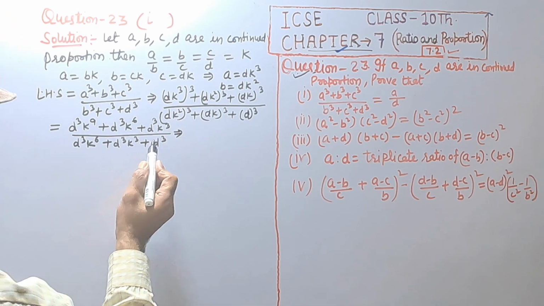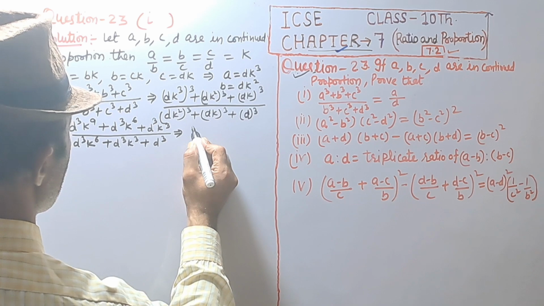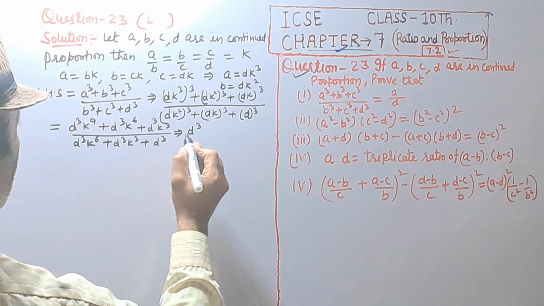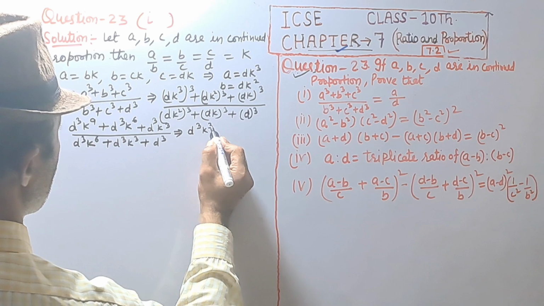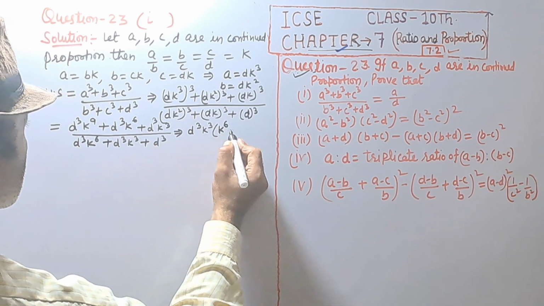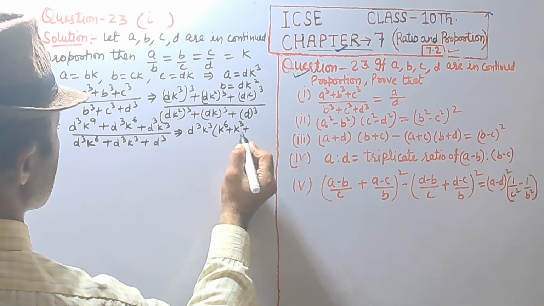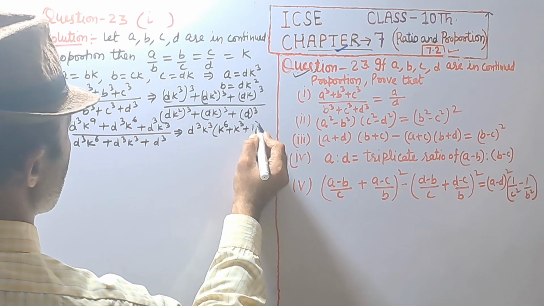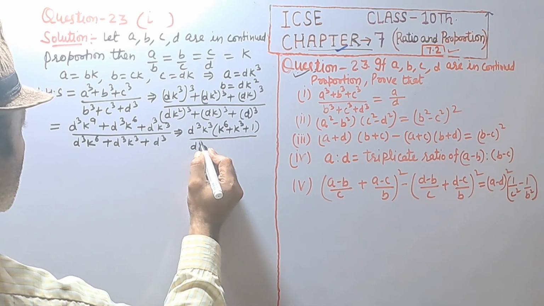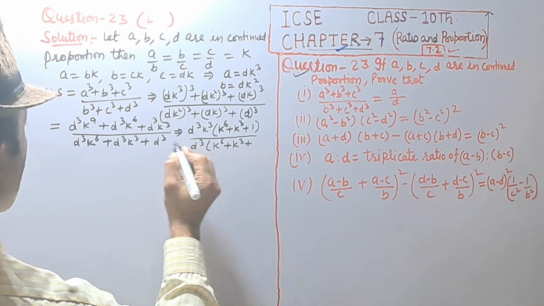Taking common D raised to power 3, K raised to power 3 in the numerator, in bracket K raised to power 6 plus K raised to power 3 plus 1, divided by, taking common D raised to power 3 only in the denominator, K raised to power 6 plus K raised to power 3 plus 1.